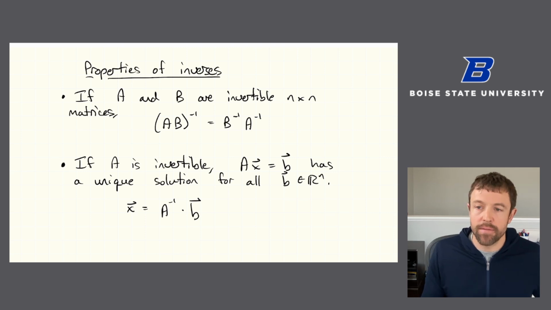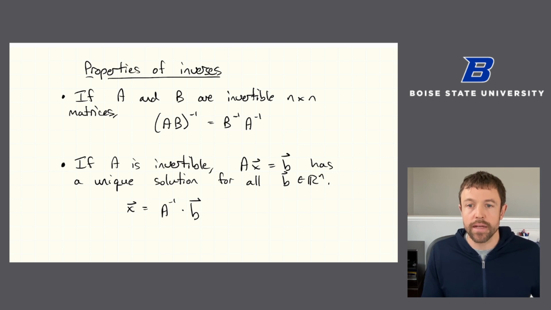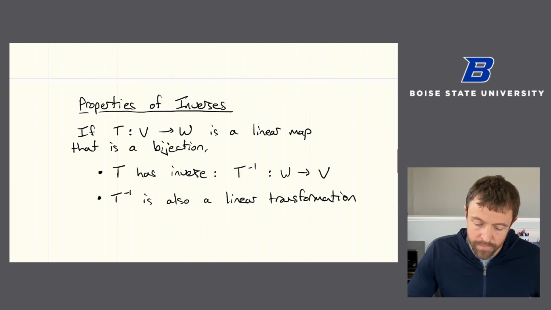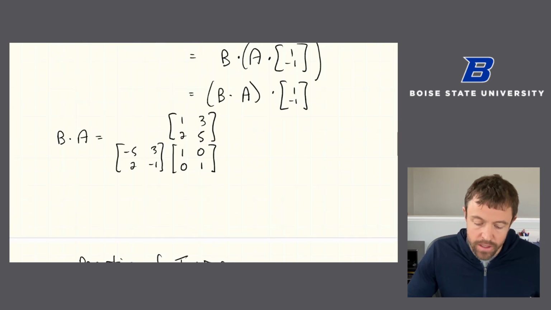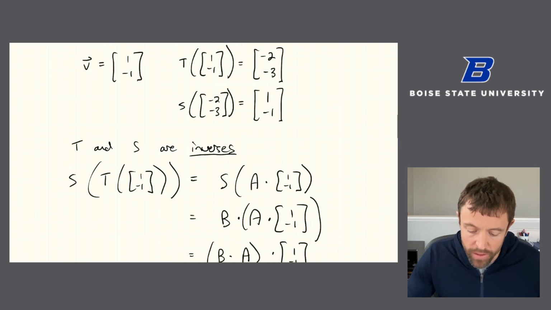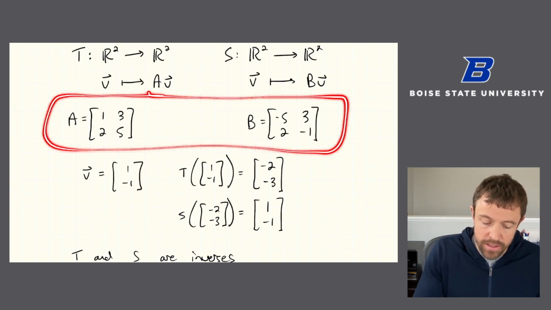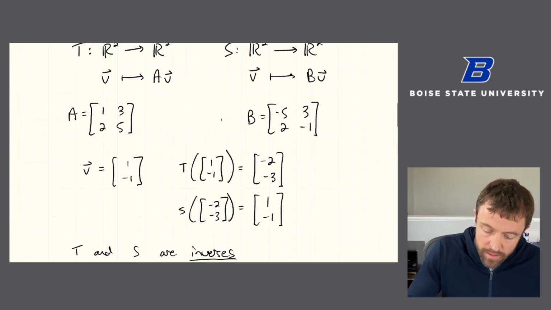And I want to give an example of this. I'm going to finish up the video by going back to the example we were using and choosing some vector, showing that we can get a unique solution using this process. Recall that we're using the matrices A and B, and these are inverses of each other. So this matrix B is A inverse.